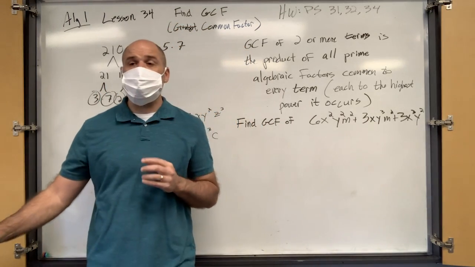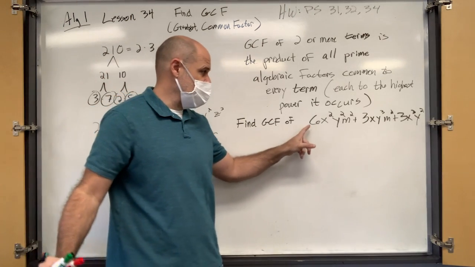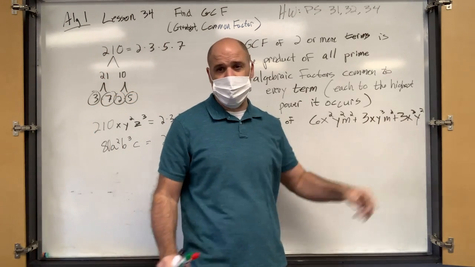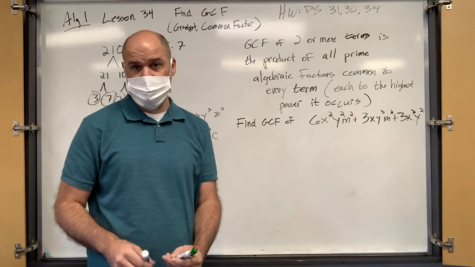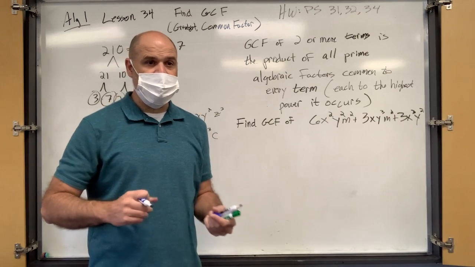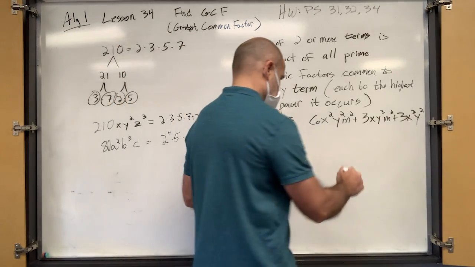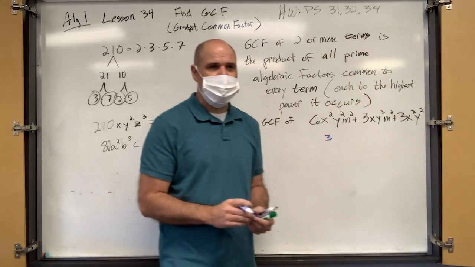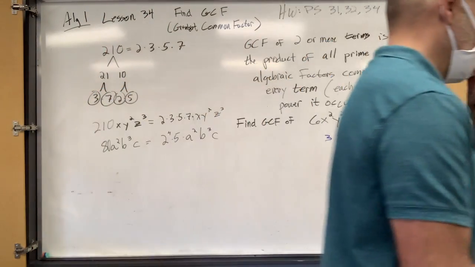So first of all, numerically, what is the GCF of 6, 3, and 3? What goes into 6, 3, and 3? 1 does, but there's a bigger one, 3. That's right. So it's kind of like, yeah, you just want to know what the biggest thing you can divide out of it is. Okay?